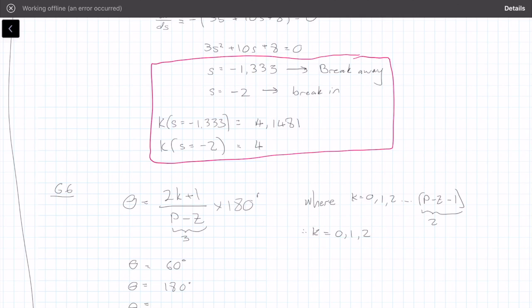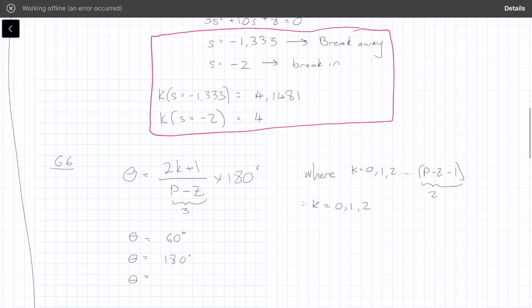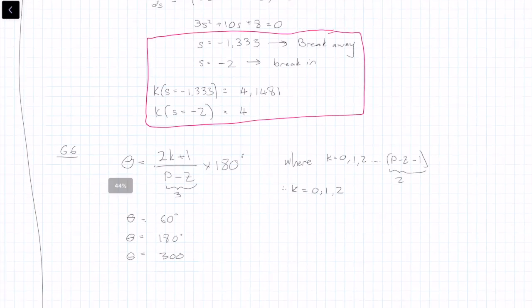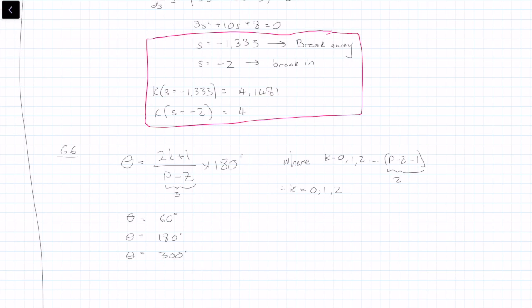And next we substitute 2, so that's going to be 4 plus 1 divided by 3, so that is 300 degrees. Okay, so those are the angles at which it breaks away. This is coincidentally minus 60 degrees also.